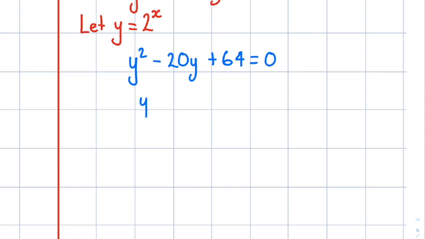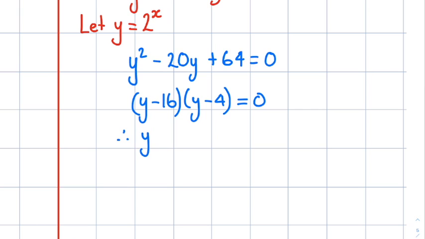So y minus 16 and y minus 4 equals 0. 16 times 4 is 64, and minus 16 minus 4 is minus 20. Therefore, y is going to equal 16 or y is going to equal 4. Happy days, we've solved the quadratic.